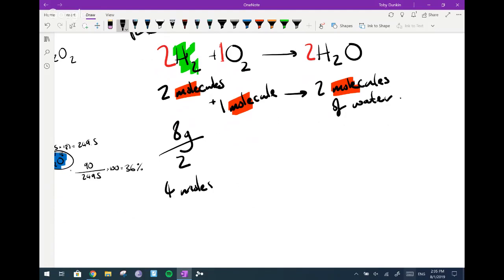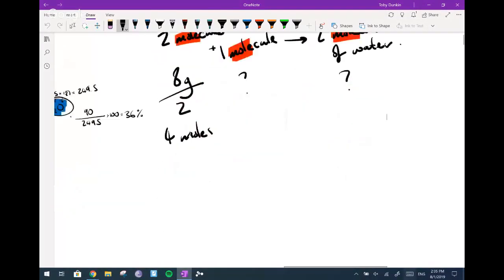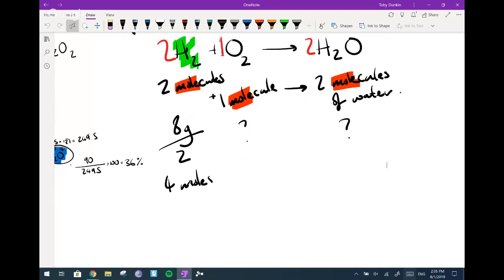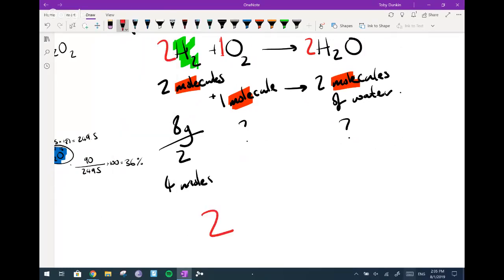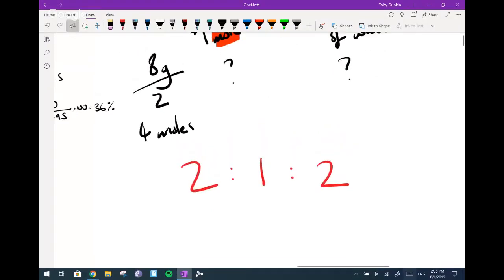Right, now how much oxygen am I going to need to react with it, and how much water am I going to make? Well, the equation provides me with what is called a mole ratio. And this is one of the most important and fundamental pieces of chemistry. And it's really poorly taught. It's not emphasized enough.